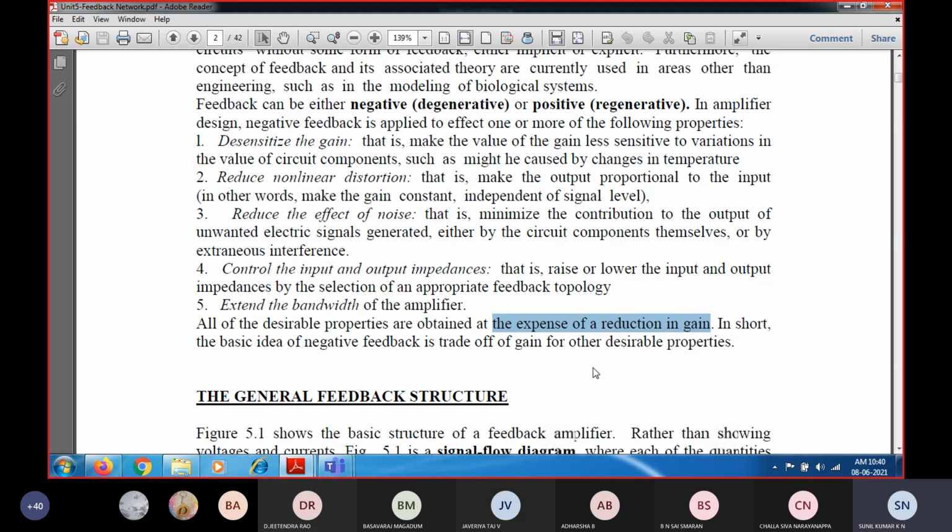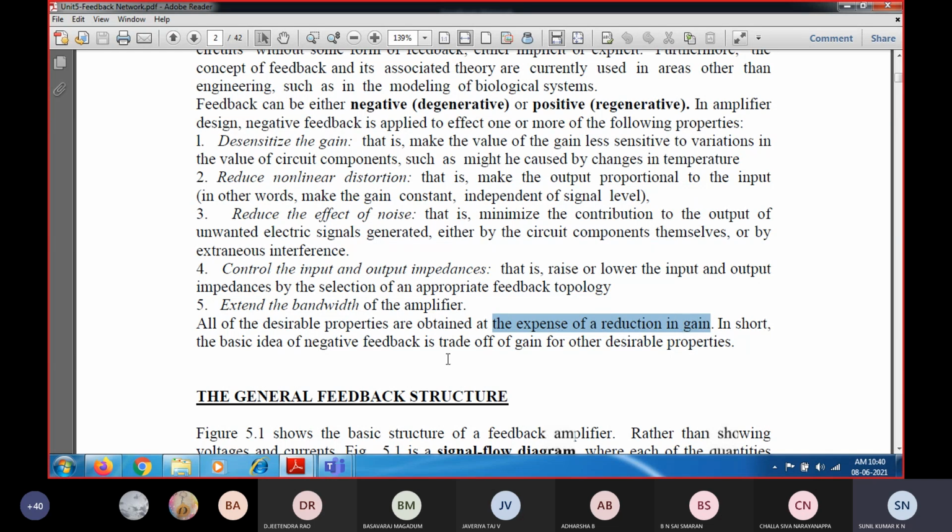The gain obtained from the feedback amplifier will be very less. The only drawback in the negative feedback amplifier is that it has a reduction in gain.